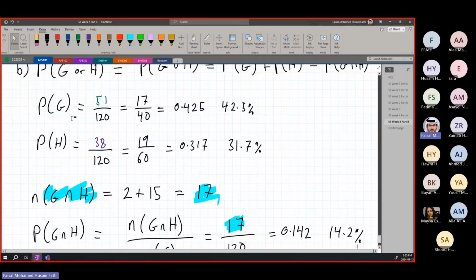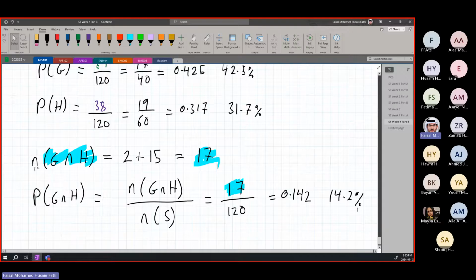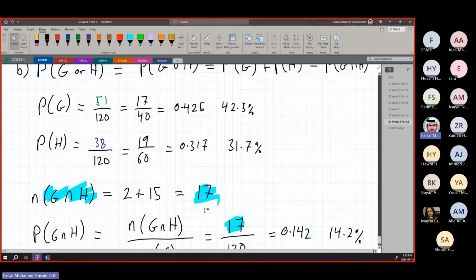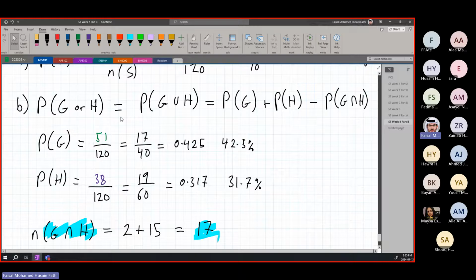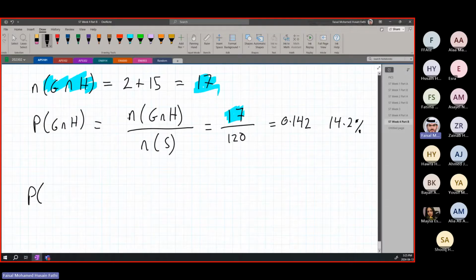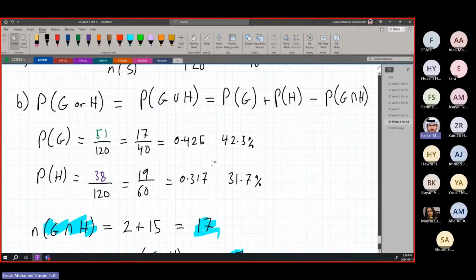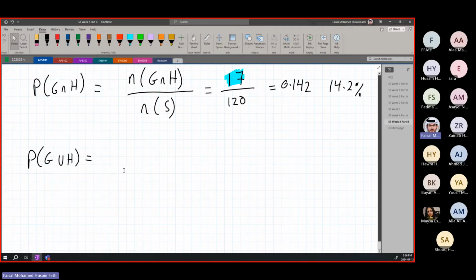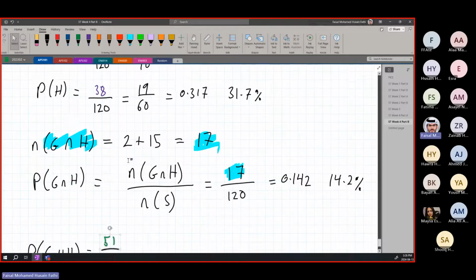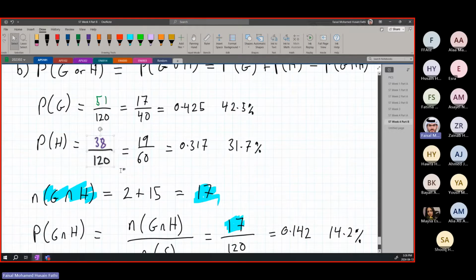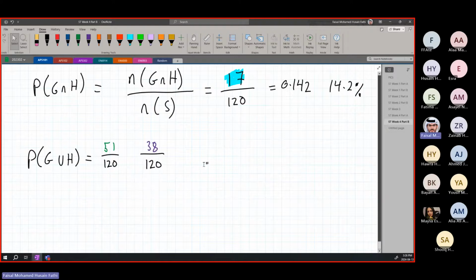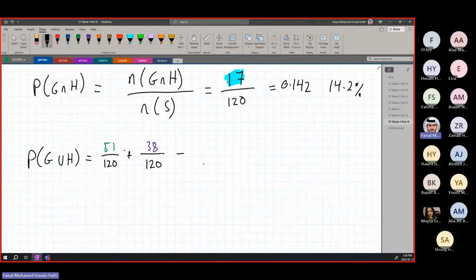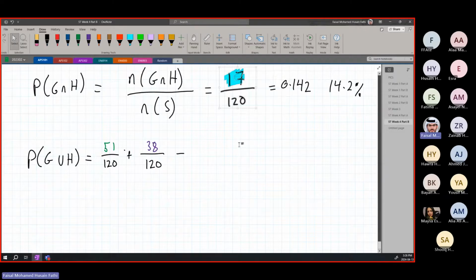So now that we have the probability of G, the probability of H, and the probability of G intersection with H, we can just plug it all into this equation. So P of G or H is equal to 51 over 120 plus 38 over 120, plus this minus 17 over 120.